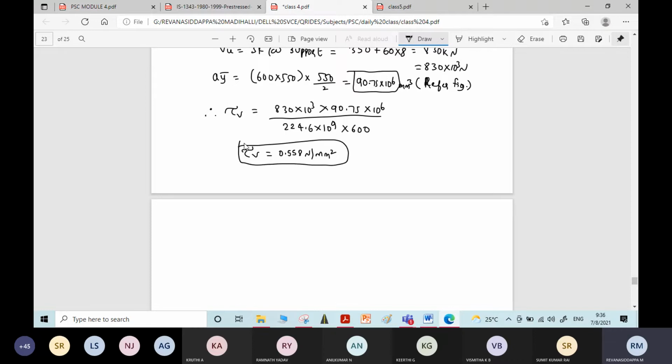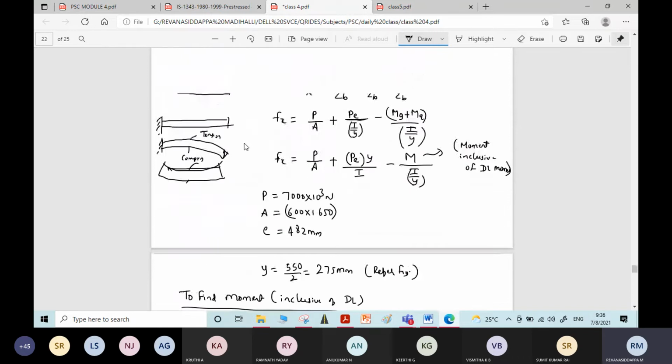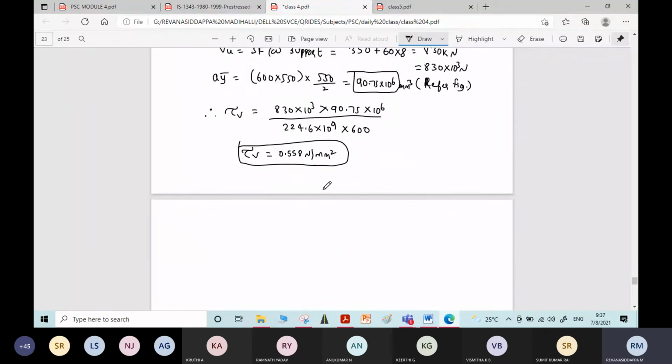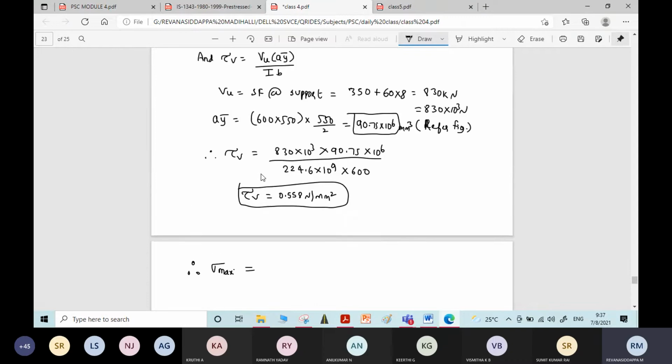Now, I think all the parameters required to calculate principal stresses are known. Just substitute and get the answer. Sigma max is equal to fx plus fy divided by 2.